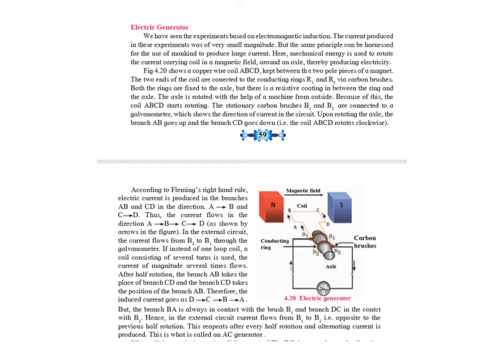So you move the axle, and you can see that AB is always connected to B1 or R1, whereas CD is connected to the other side, that is B2.